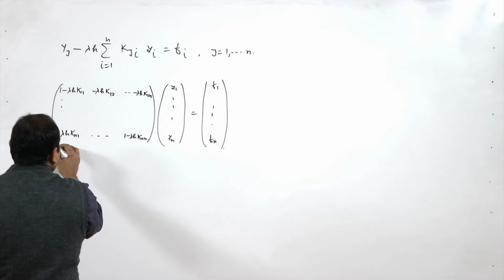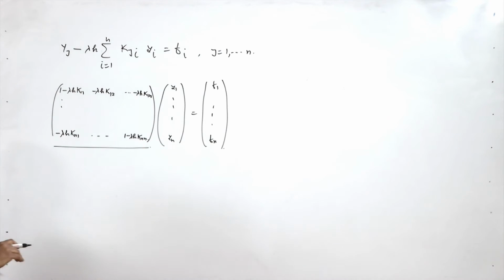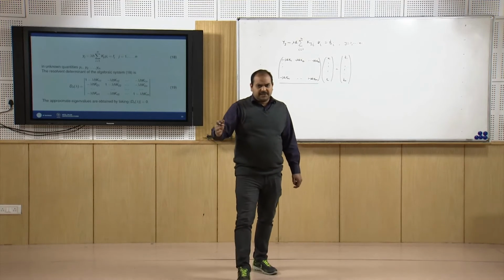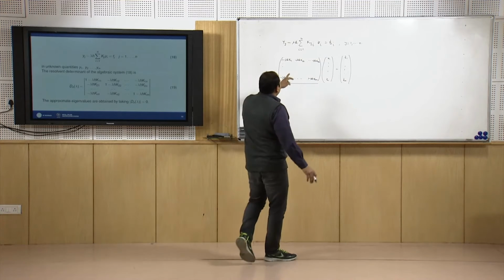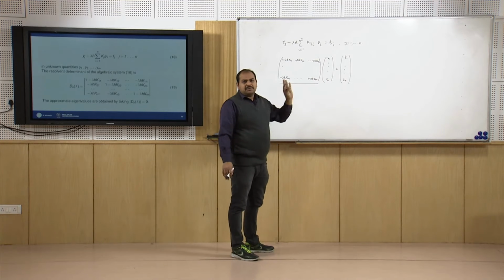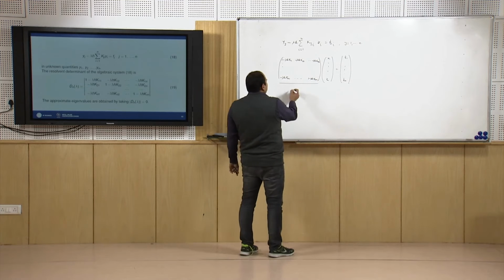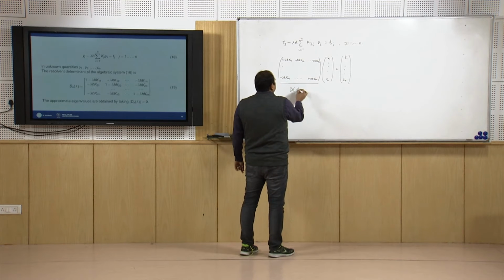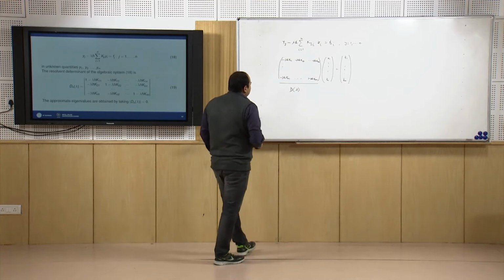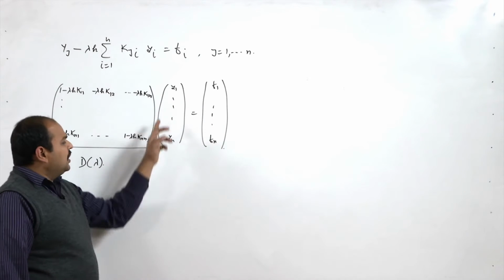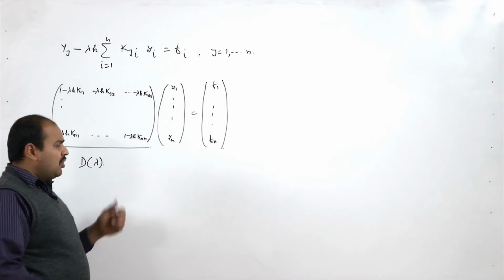If you remember, a similar kind of expression we have discussed for the separable equation. The only thing is that there k_11 is replaced by a_11 and so on. So if we denote the determinant of this as D(lambda), then the solution y_1 to y_n depends on D(lambda).